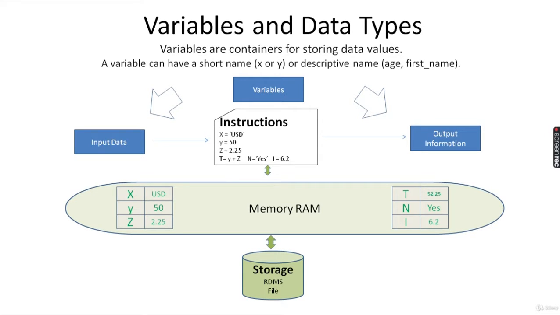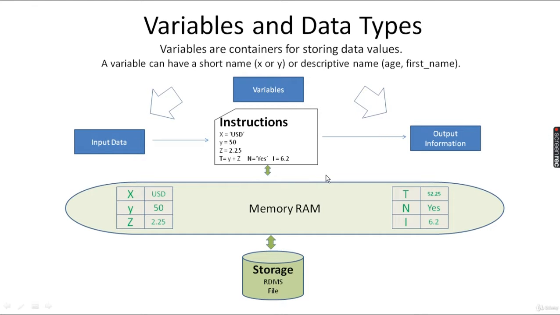Also, files make no exception. We can store and retrieve from them. We can also save the variable in its input nature or output information to files. And this is of course depending on the requirements of the application we are developing and also the business rules and the business requirements in which we are working.